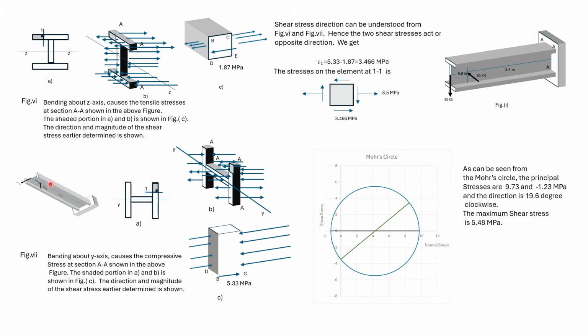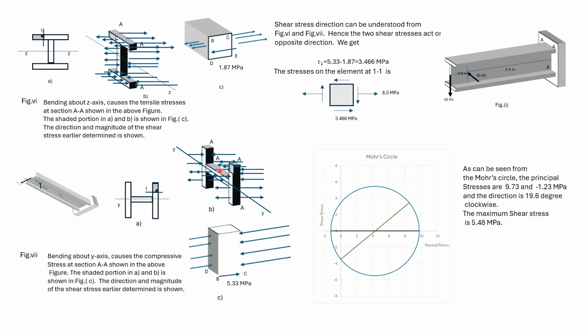Here, this diagram has been rotated. So this is the point 1. A section again is taken at AA. This shaded portion is the portion corresponding to in this diagram.